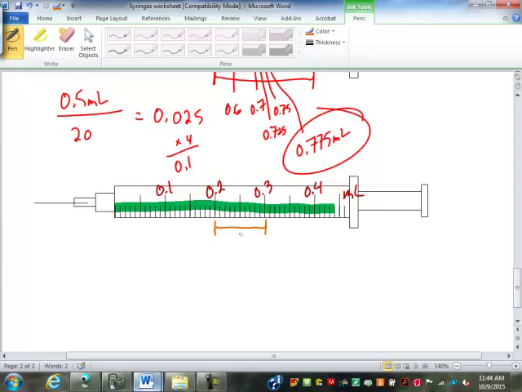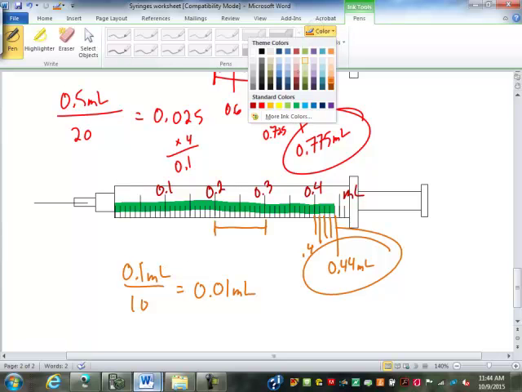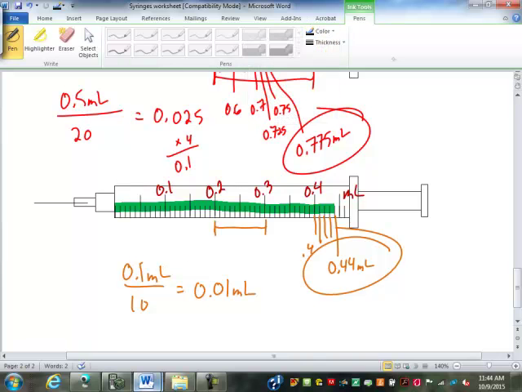So from here to here is 0.1 milliliter, and that's 10 divisions. So each division is 0.01 milliliters. So this is 0.4, 0.41, 0.42, 0.43, 0.44 milliliters. So the key is figuring out what the scales are. Any questions on those? Anybody need to see more examples of those? Okay.